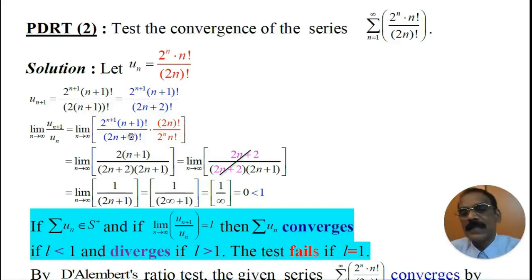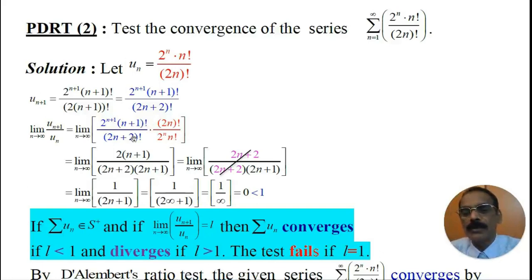Therefore, the next step will be, here we write 2 to the power n+1 as 2 to the power n into 2, so that this 2 to the power n and 2 power n can cancel. This (n+1) factorial can be written as (n+1) into n factorial, so that the n factorial and n factorial get cancelled.